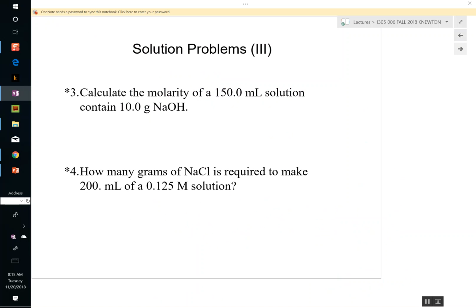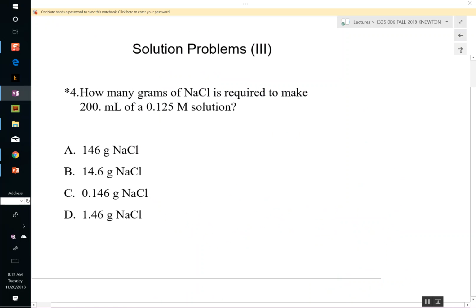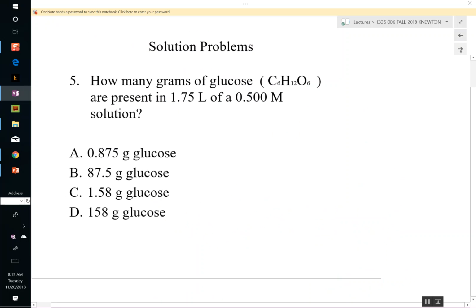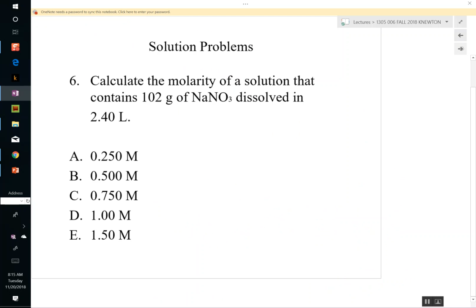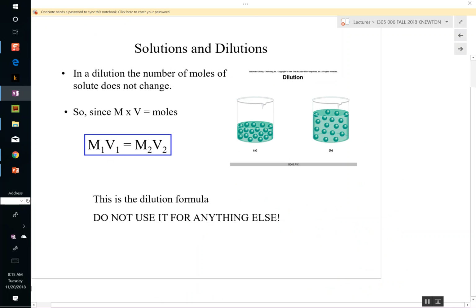Let's see what dilution looks like. All right, solutions and dilutions. And again here, capital M is molarity. So here's the practical situation you face.